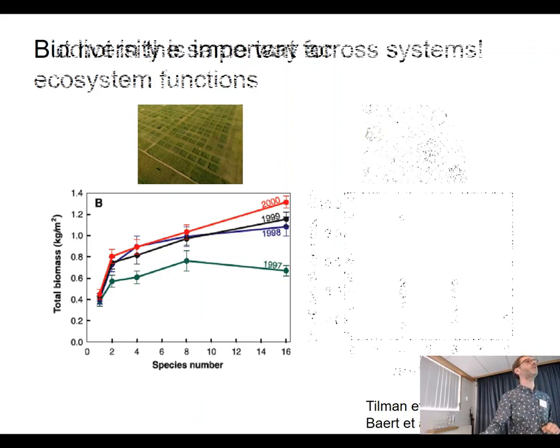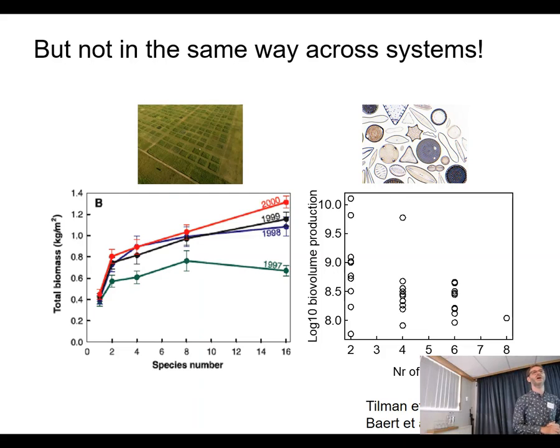However, this is not necessarily the case in other systems, and notably in marine systems. What we found with some of our work is that in these coastal diatom communities, the productivity actually becomes lower when you put together more species. So why would this be the case?